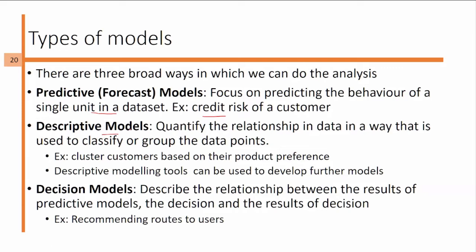So that's a descriptive model. And a decision model means these predictions are based on decisions, where you try to recommend rules to users. The results of a decision come under the decision model.